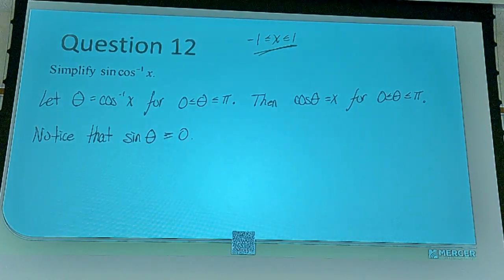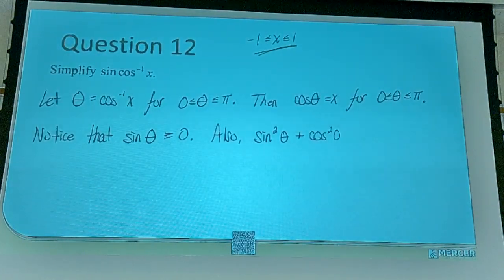Now there are two ways to proceed from here. I think I'll do the pure algebra route. Use the identity sine squared plus cosine squared equals 1.